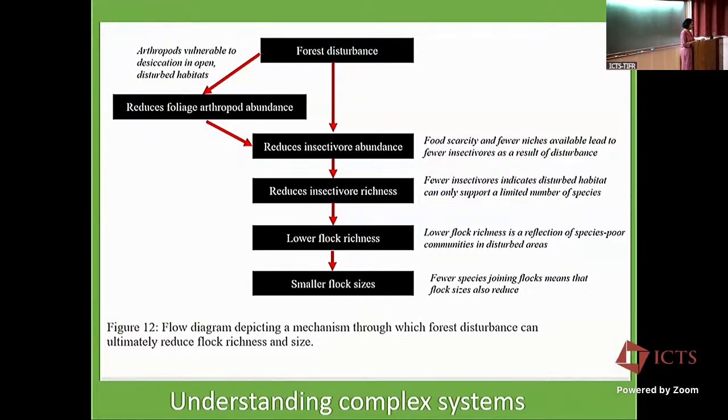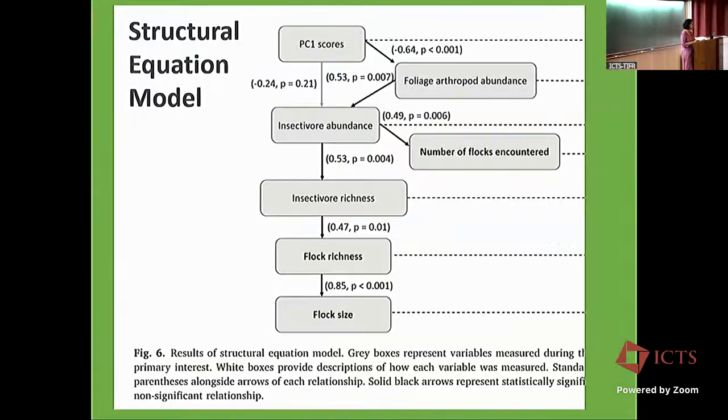And then when we collected field data over 4 months and did a structural equation model, we could see that whatever we thought was turning out right, except for one of these relationships, which was this one here. The PC1 scores indicate the vegetation disturbance.